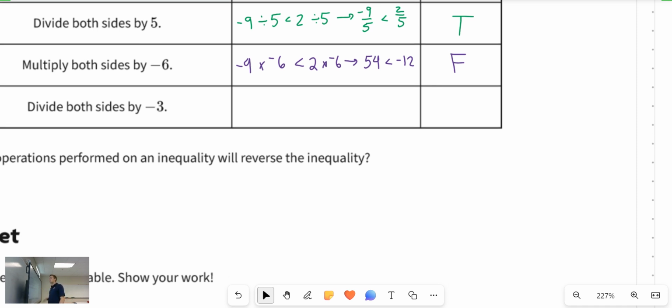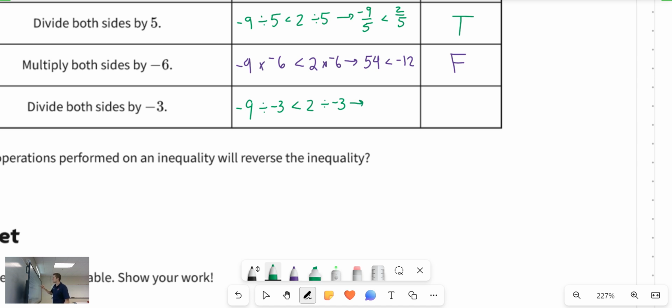And now divide both sides by -3. That is negative. So let's see, we have -9 divided by -3 is less than 2 divided by -3. -9 divided by -3.